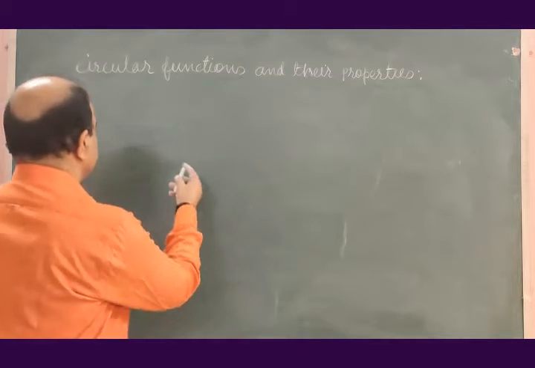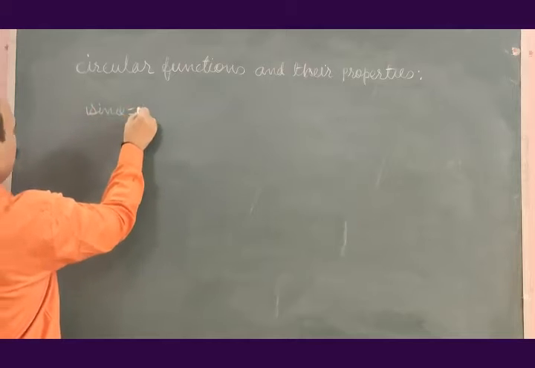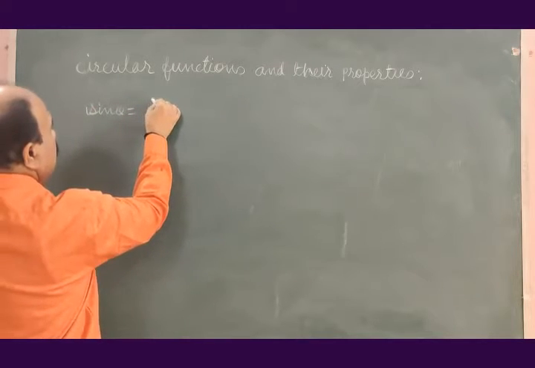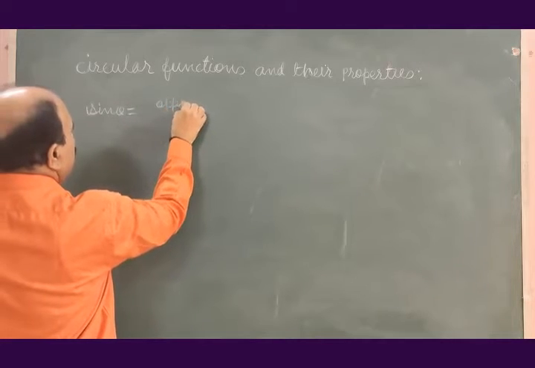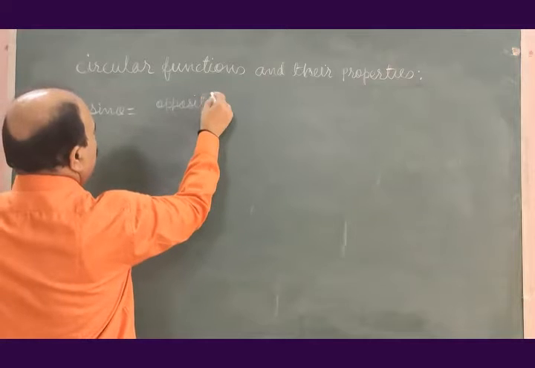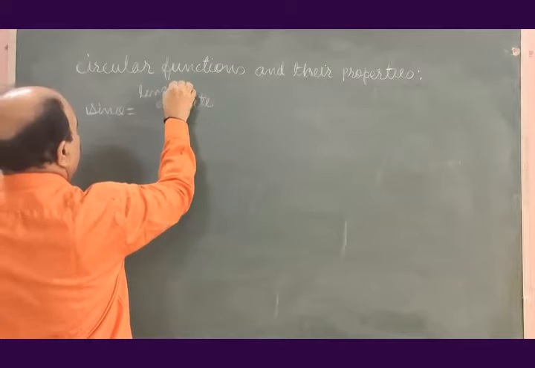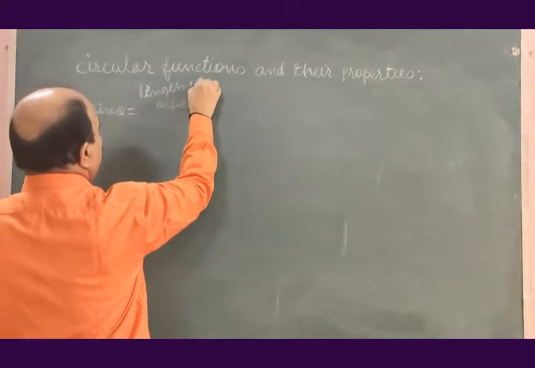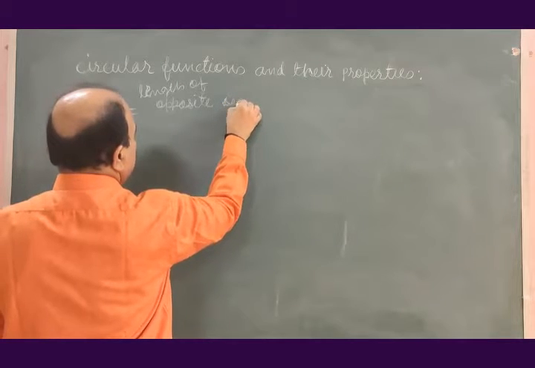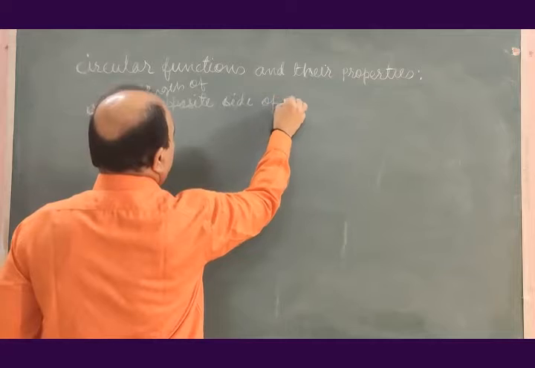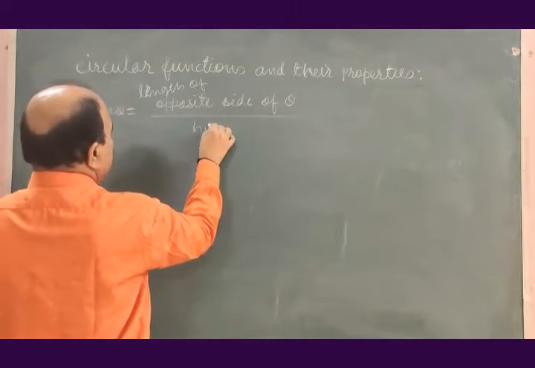Sin theta is the length of the opposite side of theta divided by the hypotenuse.